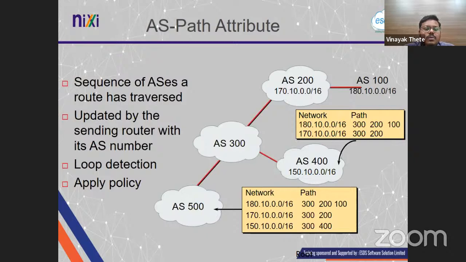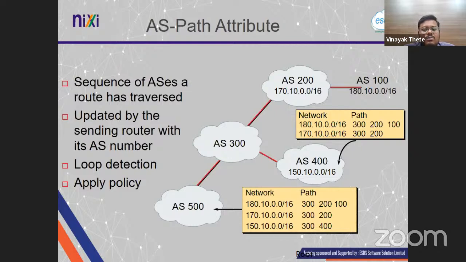Okay. So AS path attribute. AS path is one of the most used BGP path attributes by the major service providers. The mechanism is that whenever a route passes through an AS number, it adds that AS number to the path.